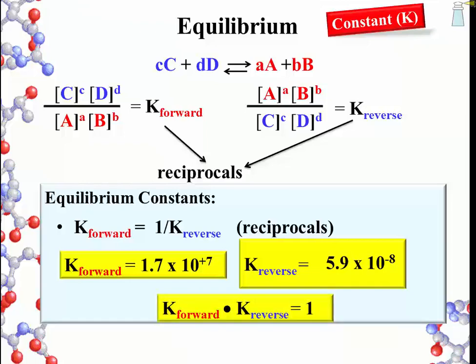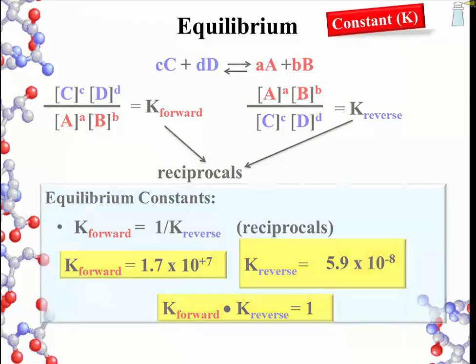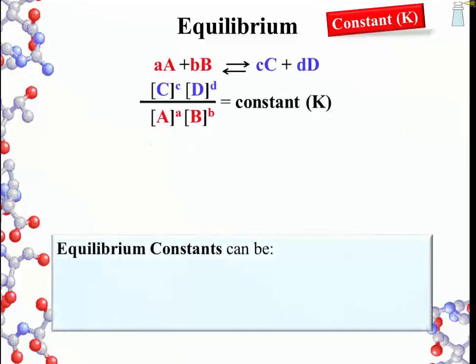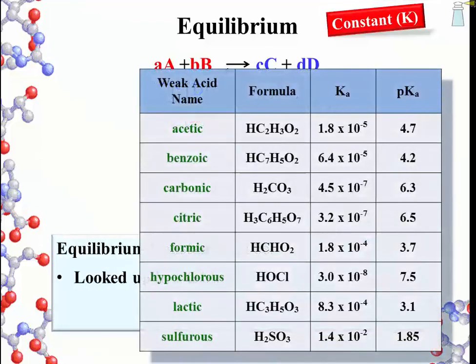A logical follow-up question might be, how do we get an equilibrium constant? There are 2 ways to determine an equilibrium constant. The best way is to look it up in a table. Most chemistry textbooks have several tables of common reactions with their Ks, usually at 25 degrees Celsius, listed in the appendix.